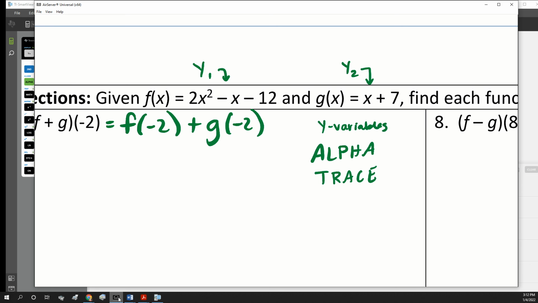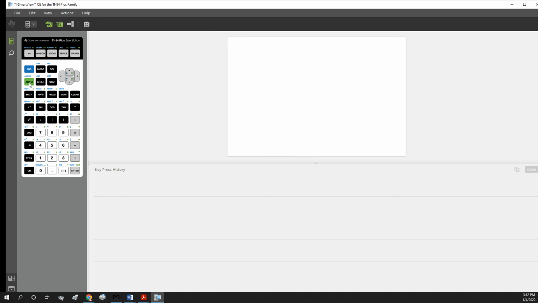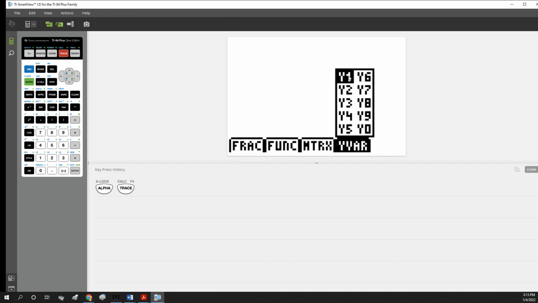That gives you the y variables, alpha and then trace. So alpha is the green button, and then trace is right beside the graph button. Okay, so that gives us all these y's.